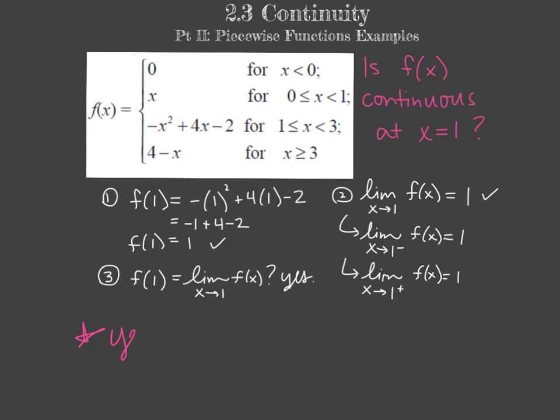We will say yes because f of 1 exists, or is defined rather, and it equals the limit as x goes to 1 of our function, and they both equal the output of 1. So this is implying that f of 1 is defined. This is implying that the limit exists, and this equals shows that they're equal and they equal 1. So there is the possibility that at a breaking point in a piecewise function we are still continuous.